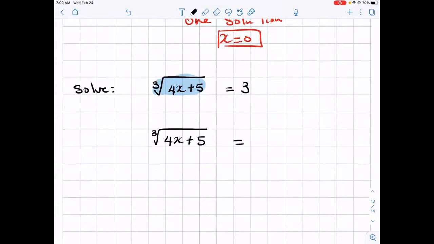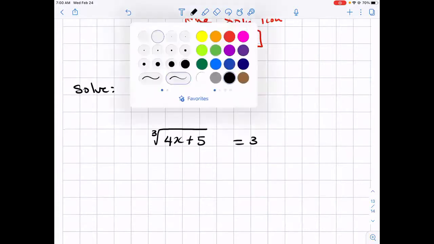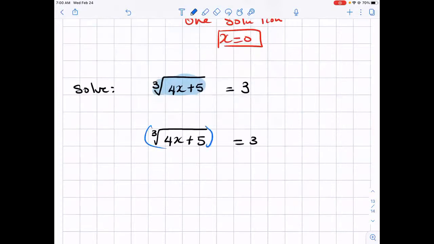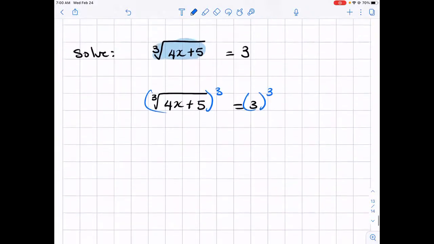But in this case, it is a cube root. So what do we do? We cube both sides. And the cube root will cancel, and that gives me 4x plus 5 is equal to 3 cubed, which means 3 times 3 times 3, which is equal to 27.